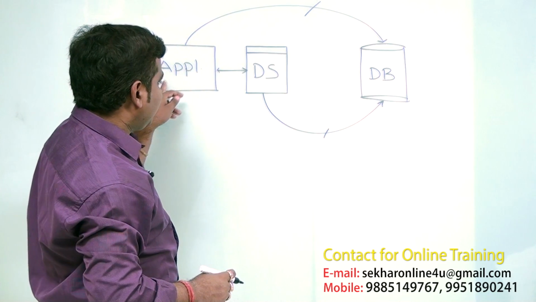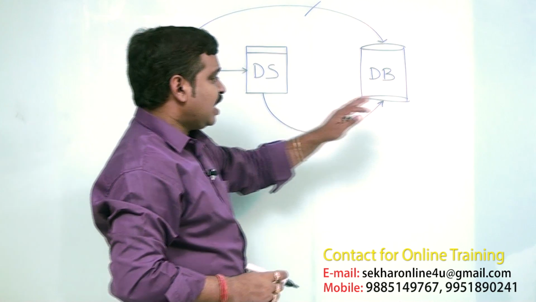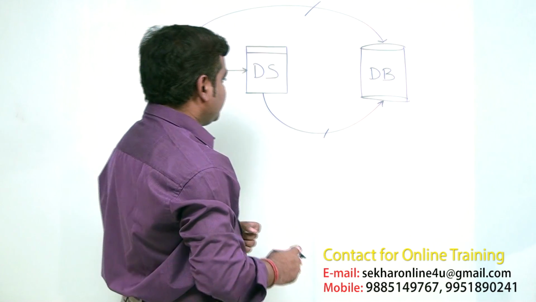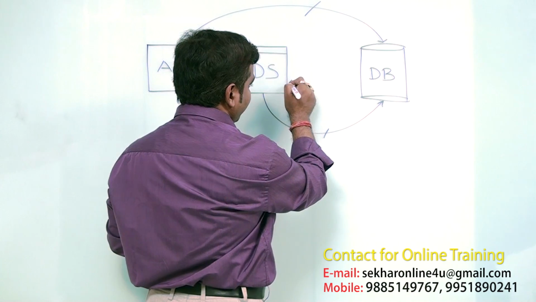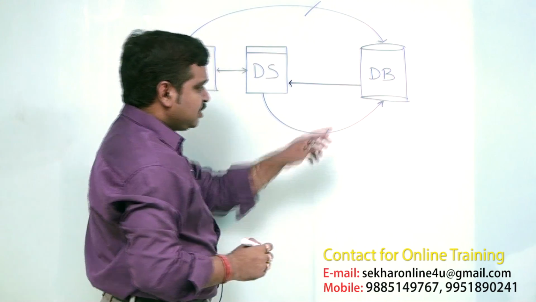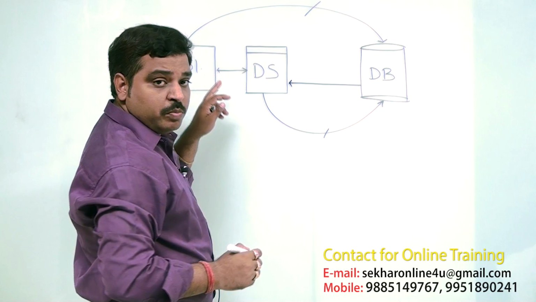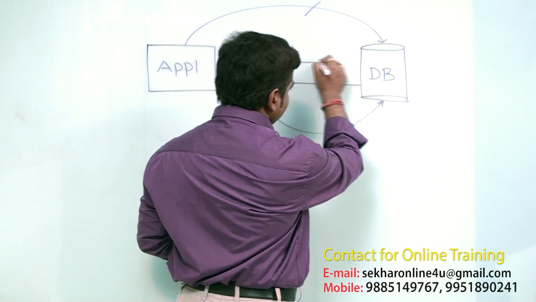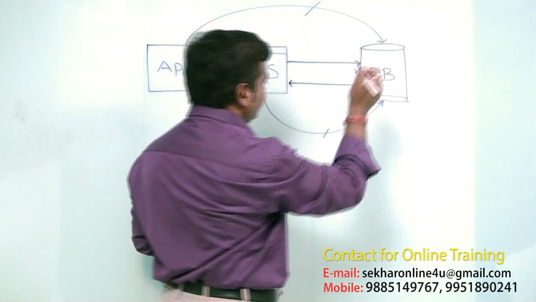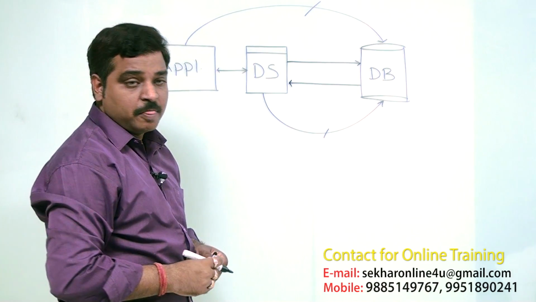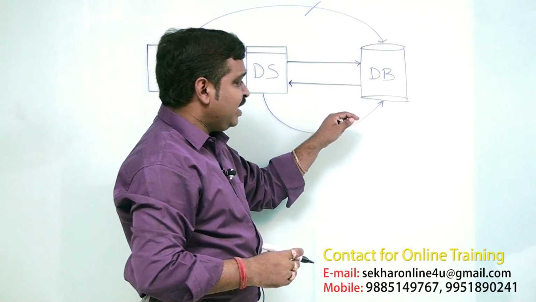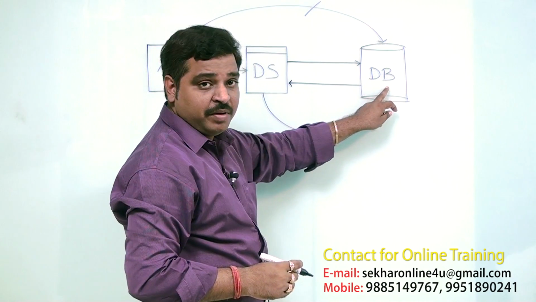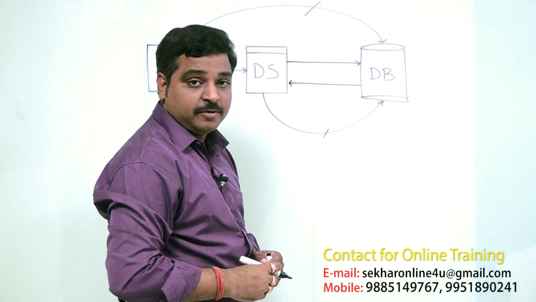And since the application and dataset can't interact with the database, I have a requirement such that whatever information is present within the database, I should be able to provide it to the dataset, and the information present within the dataset, I need to pass to the database. So I require some kind of bridge between the dataset and database for transferring the data.